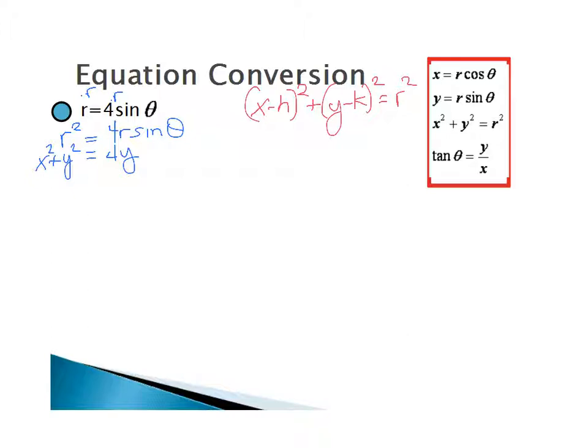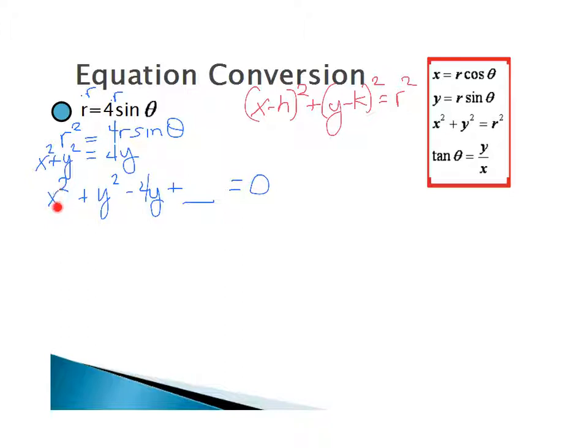Let's start off by moving the 4y over with the y squared. You get everything on one side, x squared plus y squared. I'm going to subtract the 4y plus, and then I leave a blank space because I'm going to be completing the square. And when I do that, it's going to end up equaling 0 because I moved the 4y.